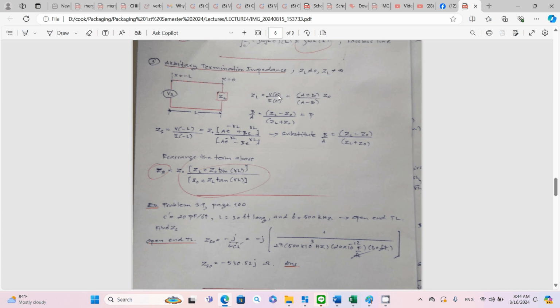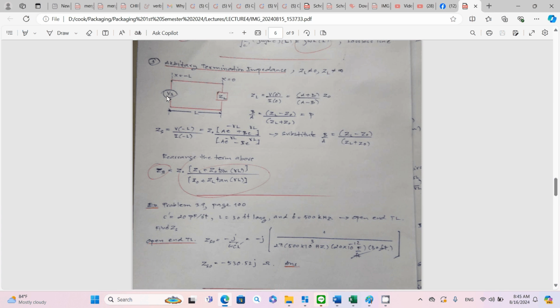You put x equal to 0 according to Ohm's law. This is a little bit more complicated. You can work it out. It's only math. You get the ratio B over A equal to ZL minus Z0 over ZL plus Z0. I put this one as P.